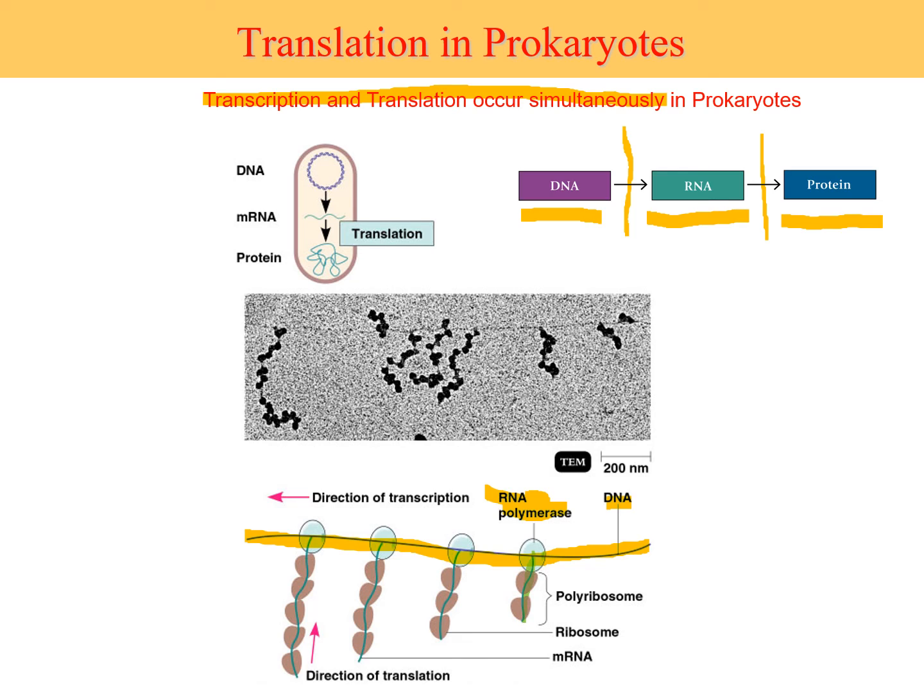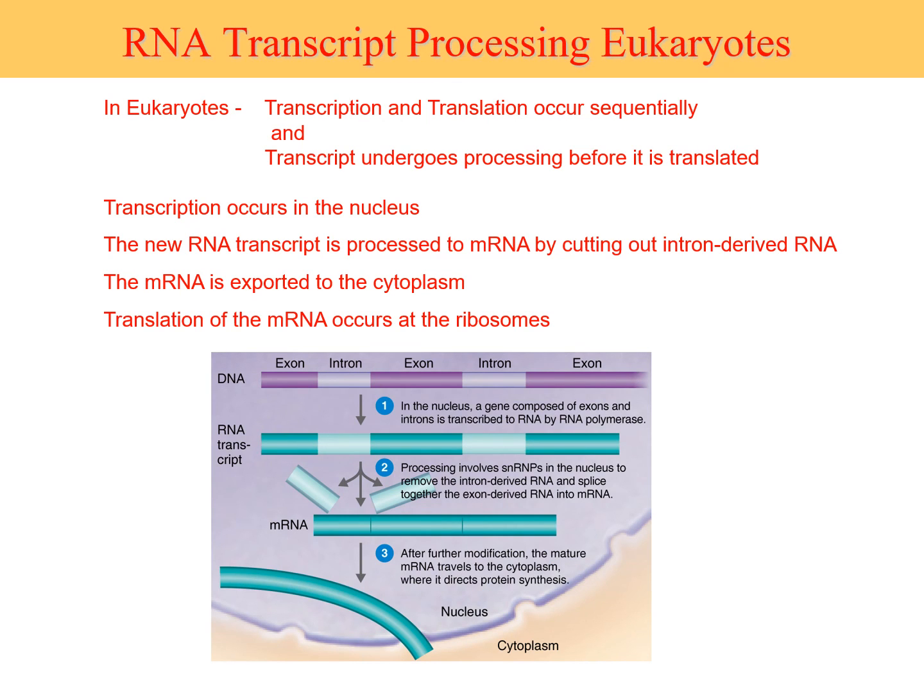And polyribosomes are going to, yeah, that's the DNA. These RNA polymerase molecules shown here are moving along and making a strand of RNA, and the ribosomes will be making a new strand of protein from that information. Protein's not shown there.